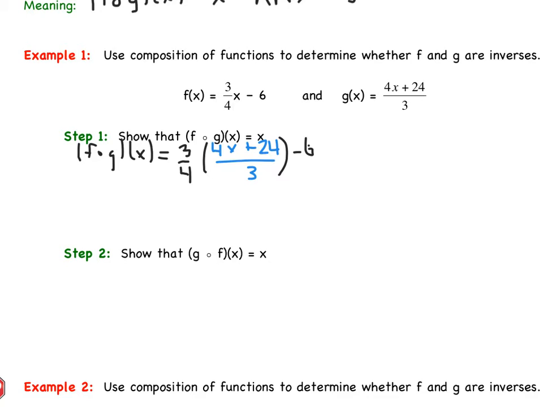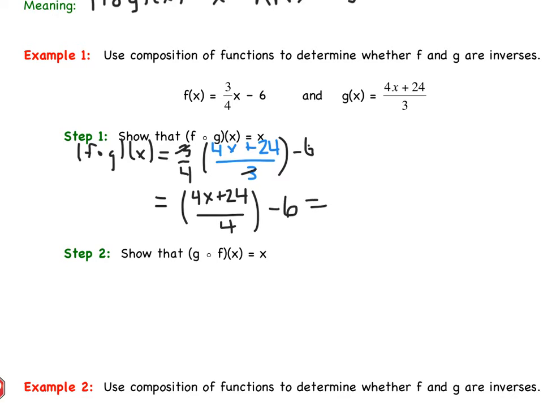Next, notice that our 3's are going to cancel out here. I have a 3 in the numerator, a 3 in the denominator, so those will cancel. So next I will have 4x plus 24 divided by 4, and once again, don't forget that minus 6.